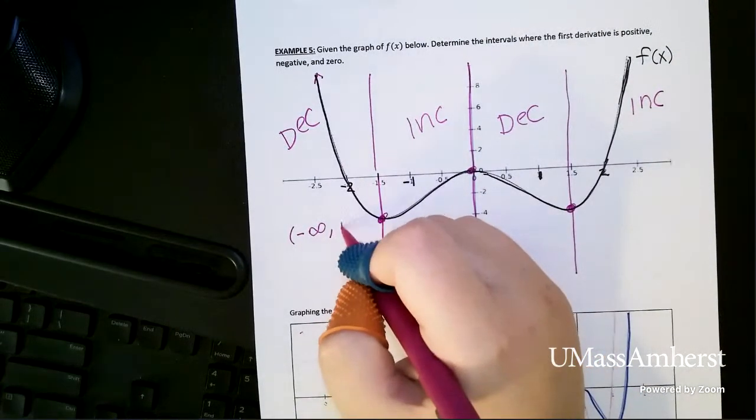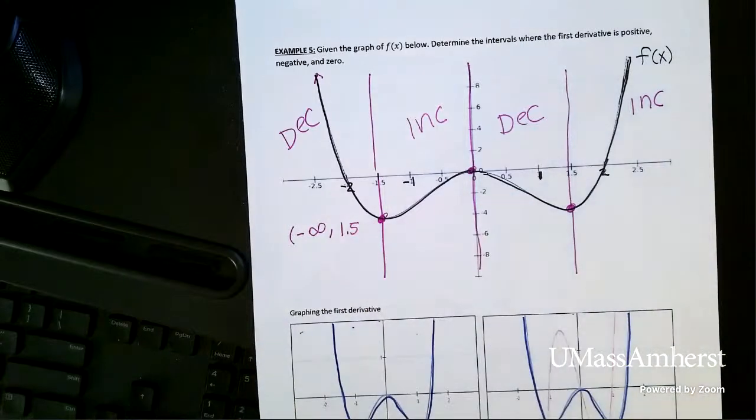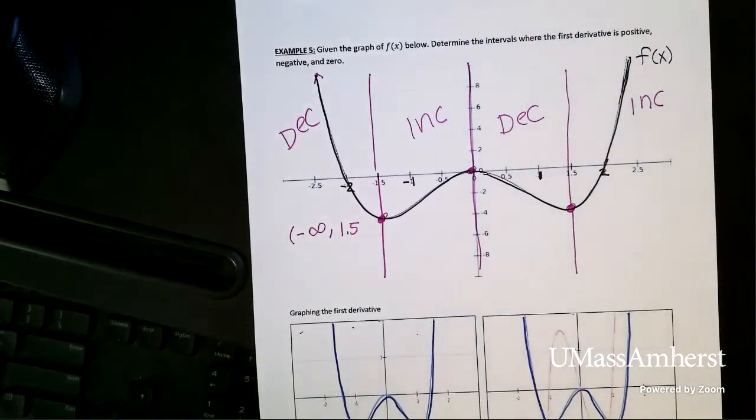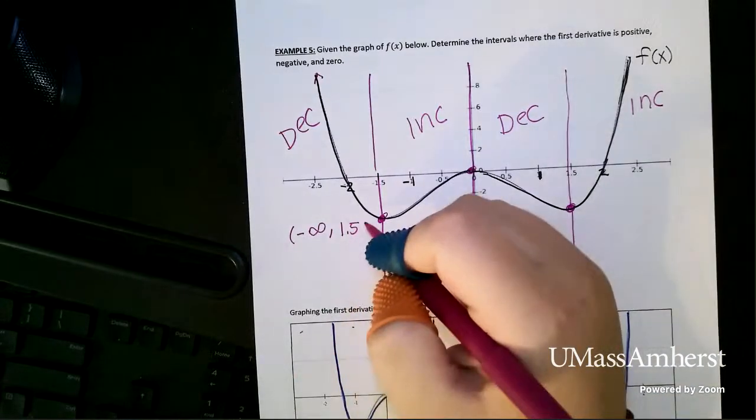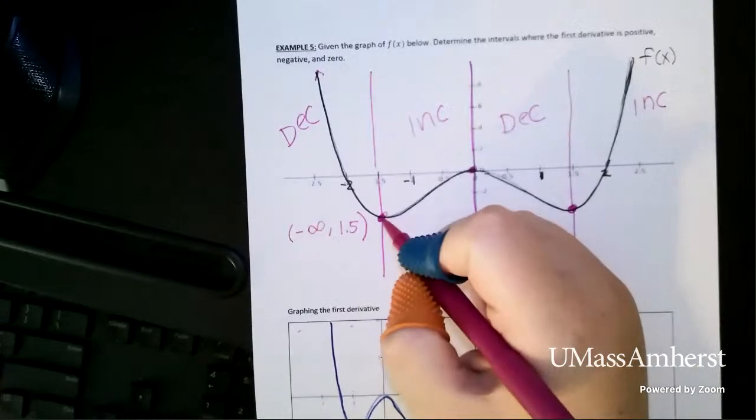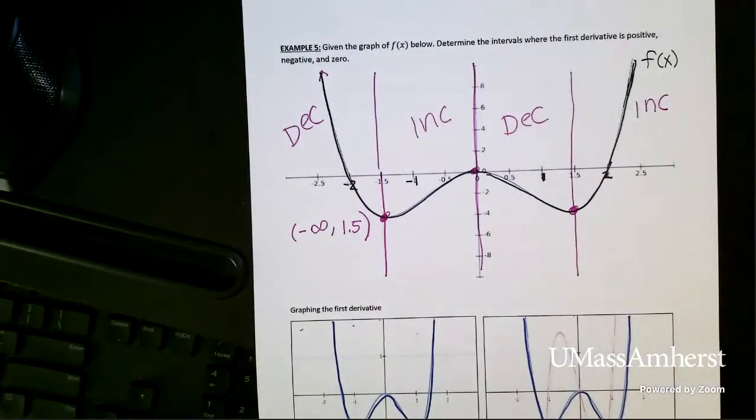So I know that something's happening at negative 1.5, and the question is whether or not I need to use an open bracket or a closed bracket. Am I including negative 1.5 in my decreasing interval? And the answer is no, because at negative 1.5 is where I am constant. So I'm not going to include it in that interval.